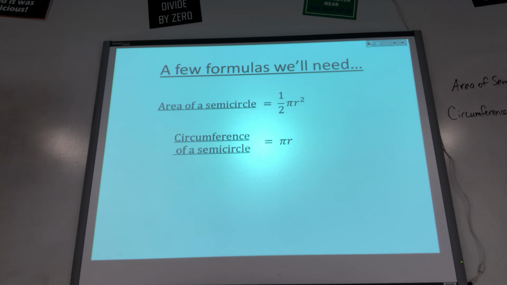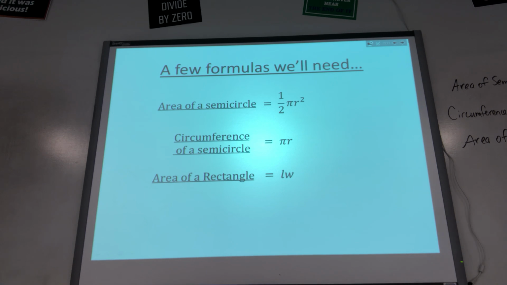To find that, it's just pi times r, so pi times the radius. And the last one, and this is the one that I'm sure you can remember, the area of a rectangle. We did this a little bit on Friday. You just take length times width. That's the area of a rectangle.